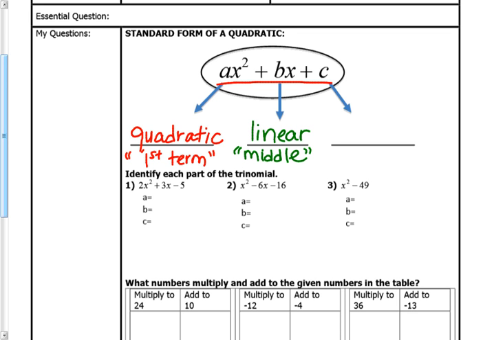And then the last part of this trinomial would be known as the constant. The constant is when you have a number that has no variable attached to it. It's probably the easiest definition for that. So the constant is also known as the last term of the trinomial.